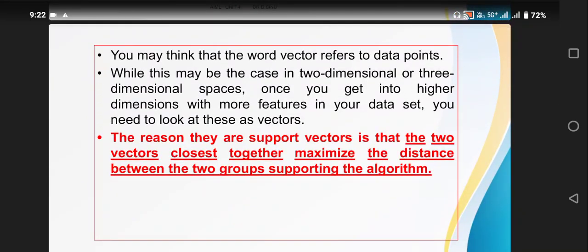We can think the word vector refers to data points. While this may be the case in two-dimensional or three-dimensional spaces, once you get into higher dimensions with more features in your data set, you need to look at these vectors. The reason they are support vectors is that two vectors closest together maximize the distance between the two groups, supporting the algorithm.